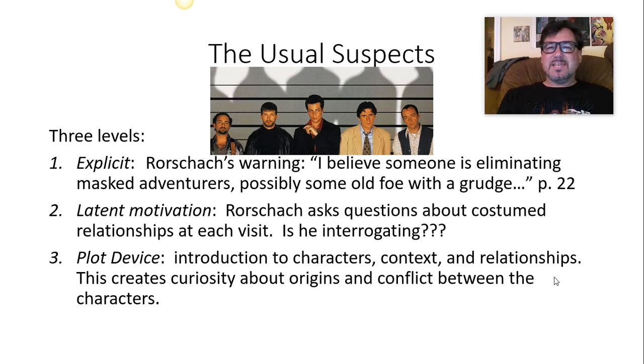He seems to be interrogating everybody and asking them about their relationships, such as when he asked Night Owl about his relationship to the old Night Owl, and he seems to be poking around for almost evidence that people in his former team might be involved. From the level of Alan Moore, this serves as a plot device because it pulls together the characters, context, and relationships. So we start to get curiosity, and later flashbacks and relationships between the characters can be revealed.